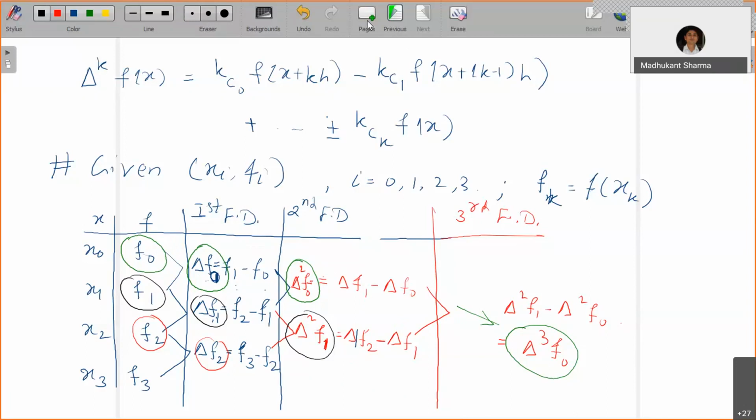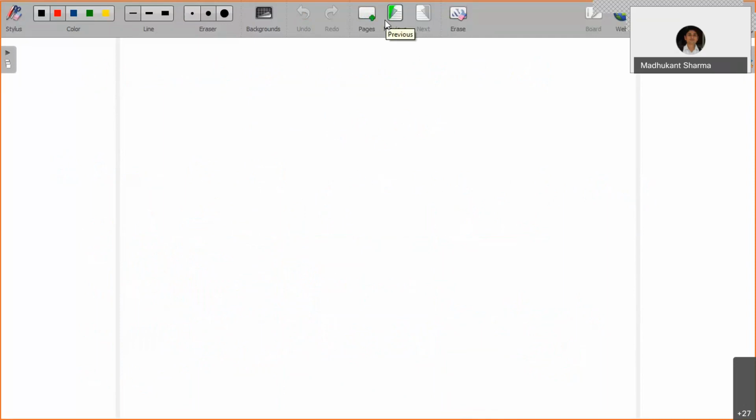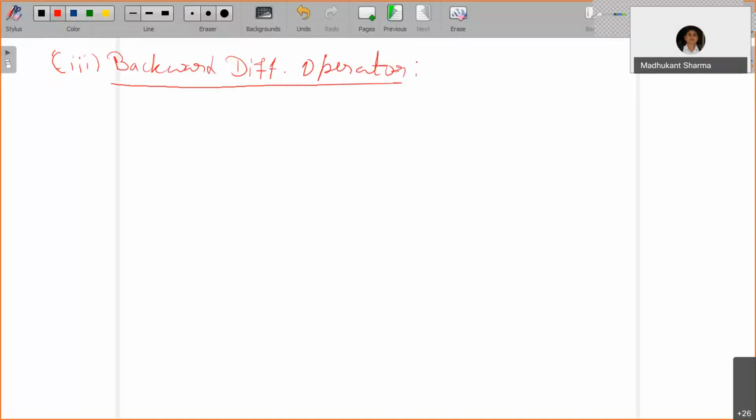So let's move further. We are going to define one more difference operator, which is known as the backward difference operator, which we are going to denote by reverse delta.